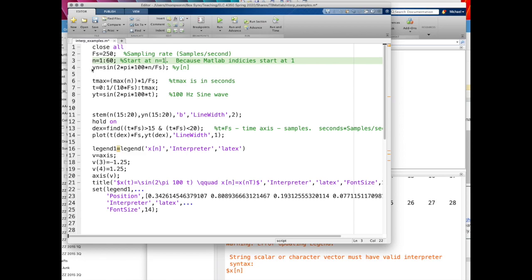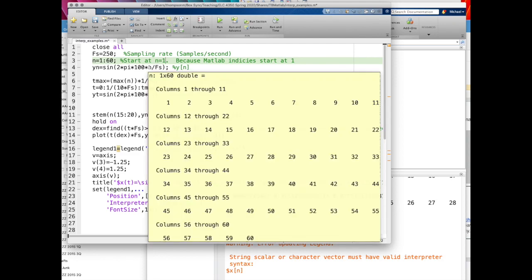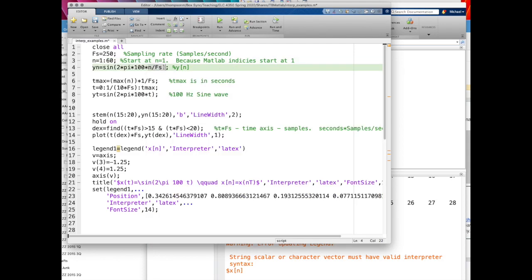Next, we generate the samples. y of n is sine 2 pi 100, and then we replace t with n divided by fs, where n is the sample number. If n is an integer and fs is in samples per second, then the units here turn out to be samples for y of n. Next, I want to figure out the maximum time that 60 samples ends up taking if you sample every 1 over fs.